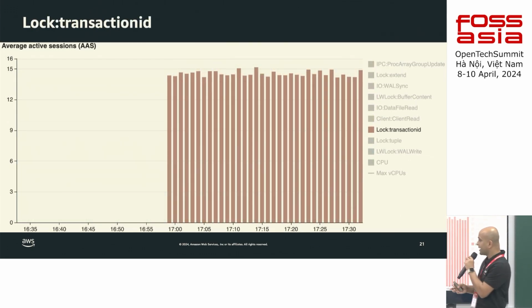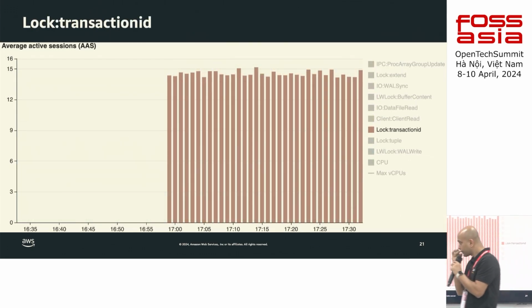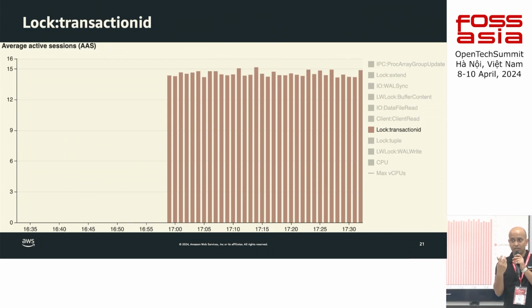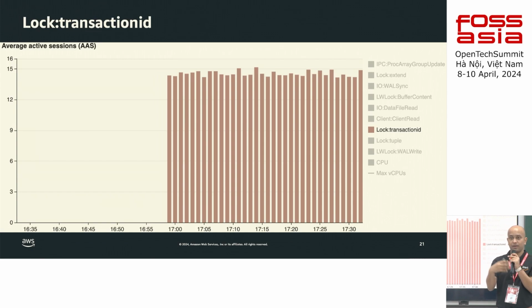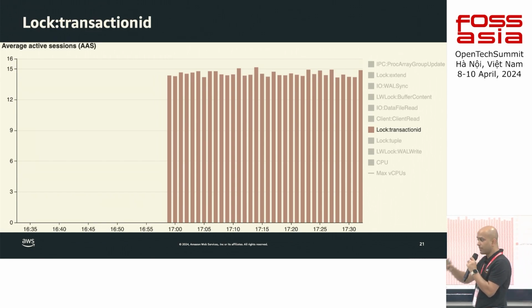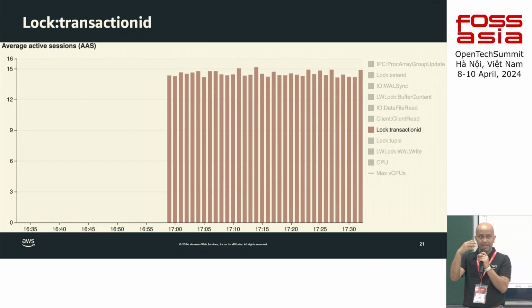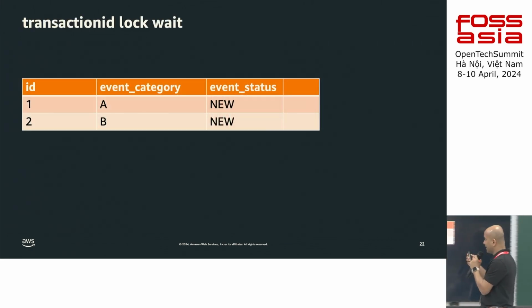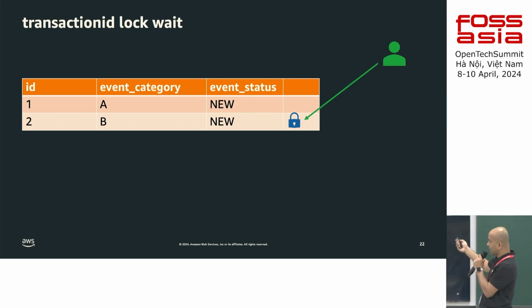Now, transaction ID lock happens when you have a lot of concurrency in your workload, which is trying to work on the same row. You have two different connections trying to update, insert, or acquire a lock on the same row at the same time. One session tries to acquire a lock and do the update.